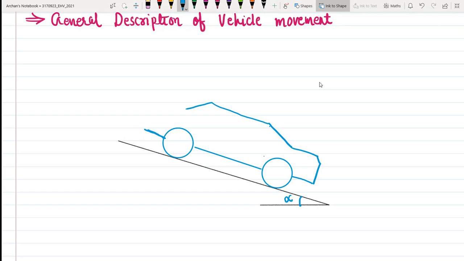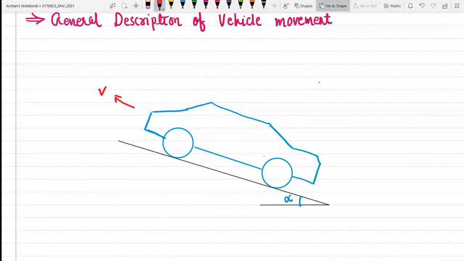Like this. So this vehicle is going in the upward direction with a certain velocity v, right?